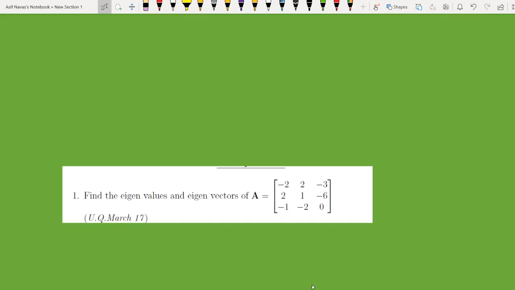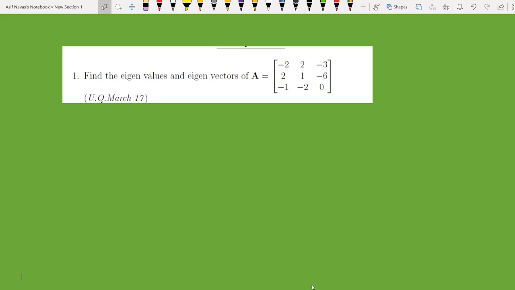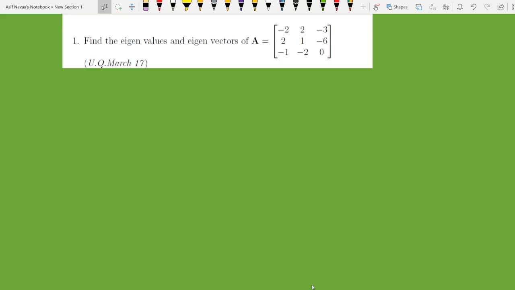Write down this problem. Find the eigenvalues and eigenvectors of A equal to [-2, 2, -3; 2, 1, -6; -1, -2, 0]. Write down that problem.